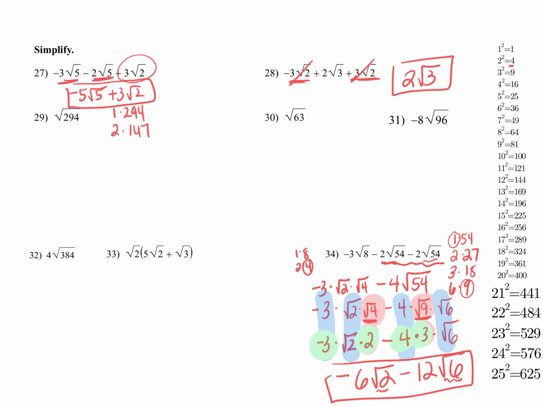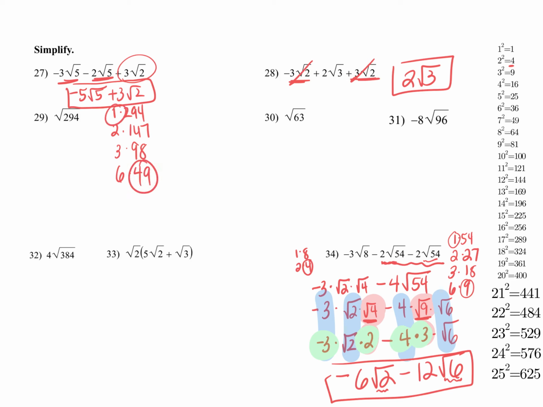I think 3 goes into it, 3 times 98. 4 does go into it, I believe. No, it does not. I thought it would, but 294 is not divisible by 4. 6 does go into it, because 2 and 3 do. 6 times 49. And there's my biggest perfect square.